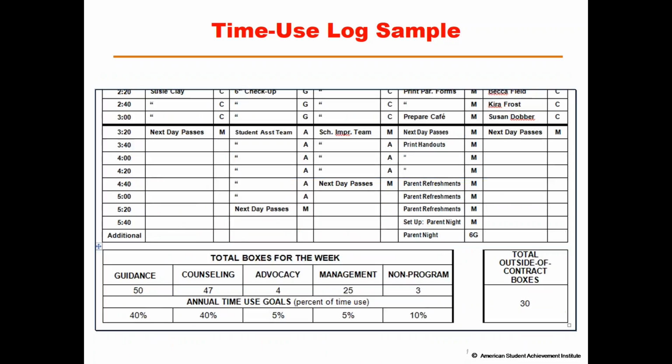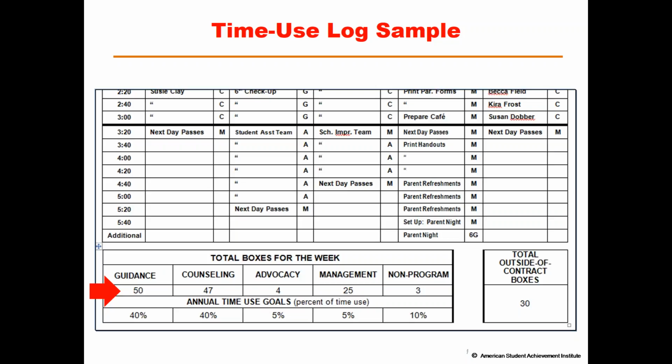Okay, so at the bottom of the time use log, there are boxes where you would total up the time for the week. You can see that when I totaled up my guidance and counseling, advocacy, management, non-program boxes and then calculated the percentages, I ended up with 50% of my time in guidance, 47 in counseling, 4 in advocacy, 25 in management, 3 in non-program.